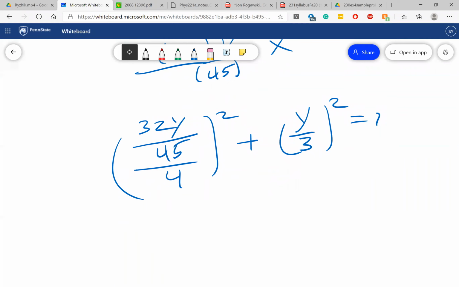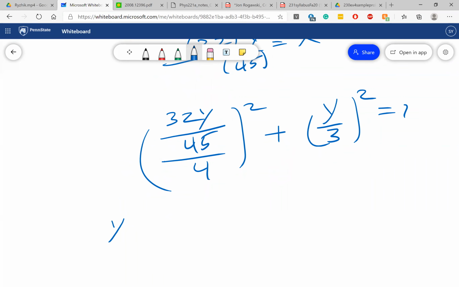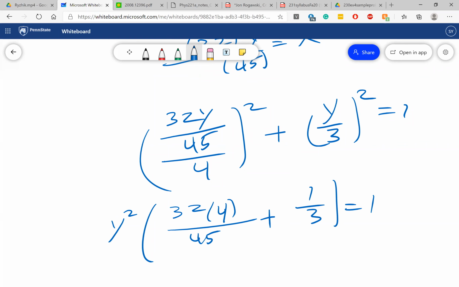Okay, so now we can take out the y squared. So we have y squared times 32 times 4 over 45 plus 1 over 3 is equal to 1.